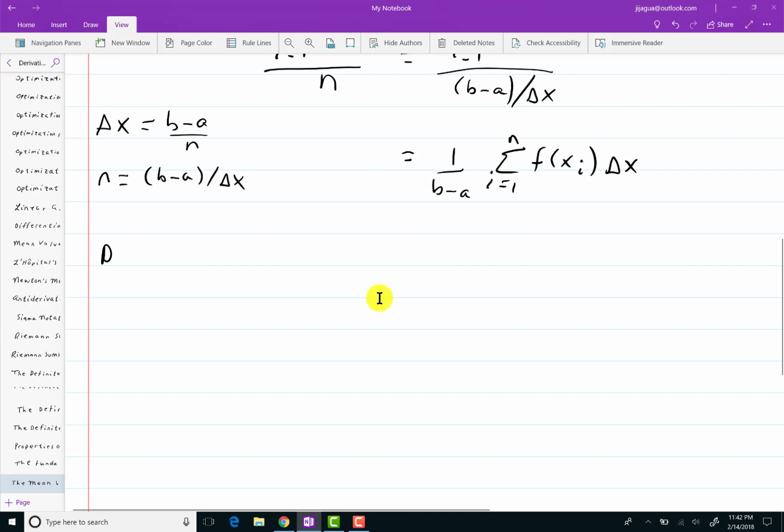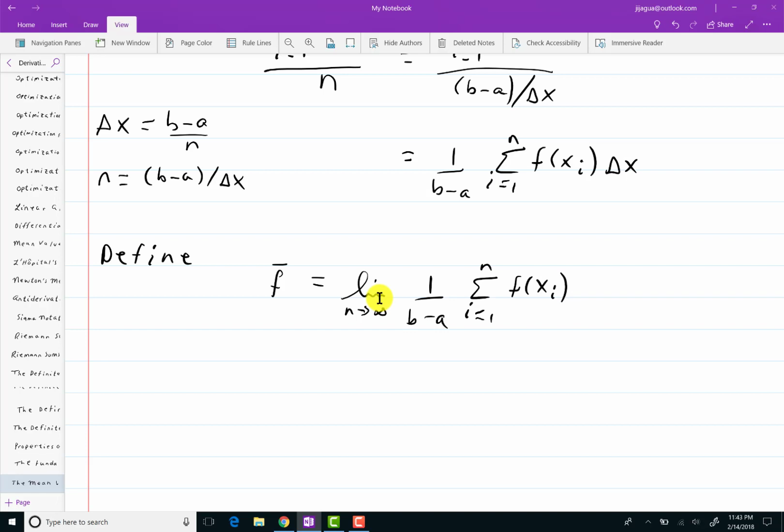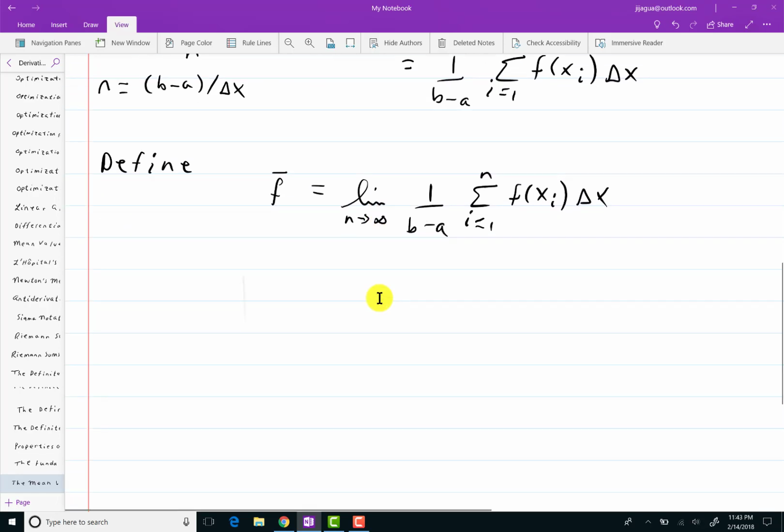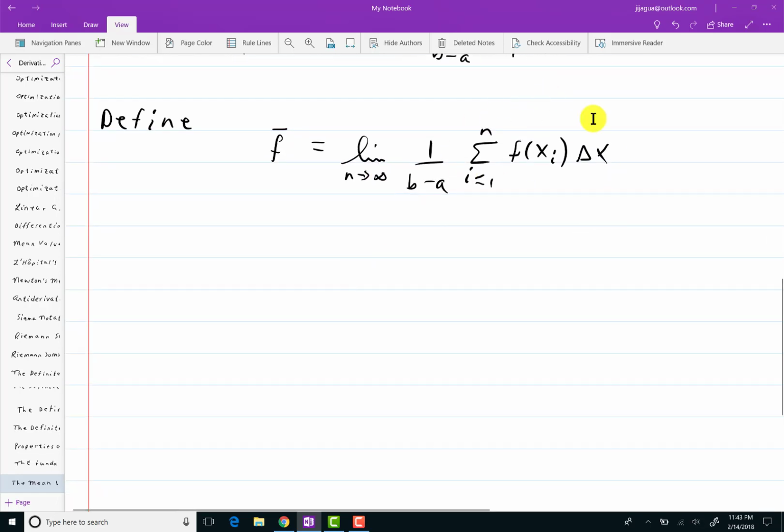Define f with a bar over it, so that's like the average value for f, equals the limit as n goes to infinity of 1 over (b minus a), summation i equals 1 to n, f of x_i delta x. And well, we know what this is since the function is continuous. Any kind of Riemann sums like this, the limit is the integral.